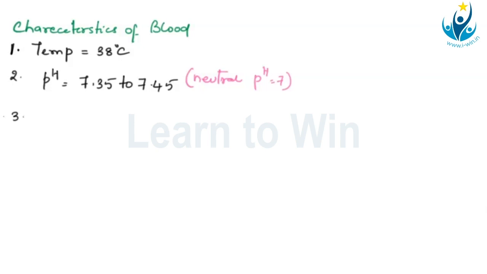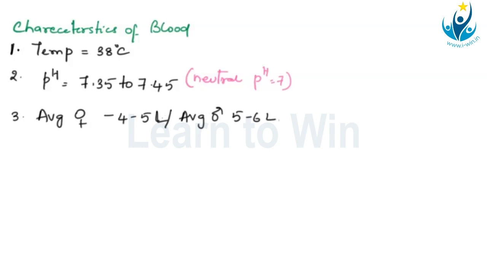Next, the third point: an average female has 4 to 5 liters of blood and an average male has 5 to 6 liters of blood. So this is the total volume of the blood with respect to gender differences.